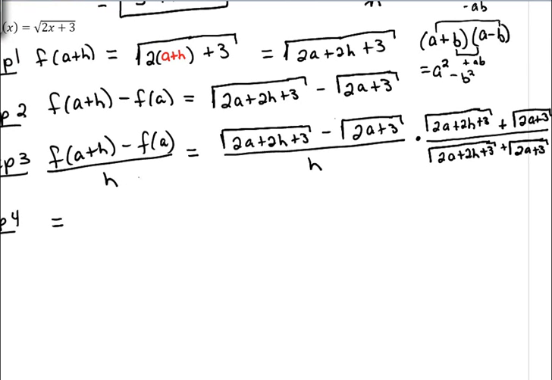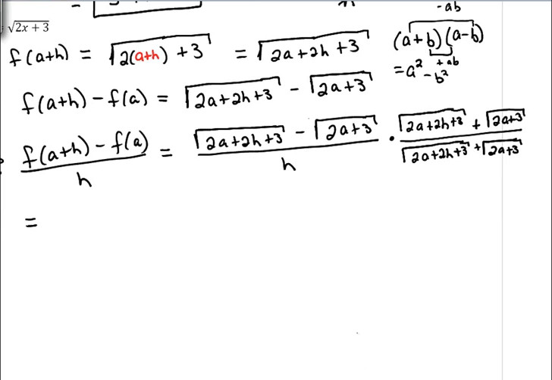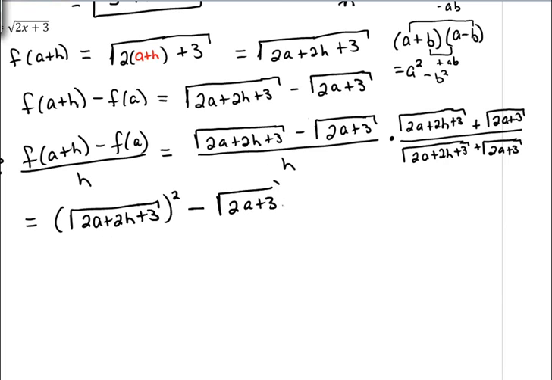When you do that multiplication, you can do FOIL on this if you want, but you can also use this formula if you'd rather. The formula says that you square this square root, and the square and the square root basically cancel each other out. I'll write this out here. So it would be the square root of 2a plus 2h plus 3, squared, and then there's always a minus sign in between these, and then you square this: the square root of 2a plus 3, squared.